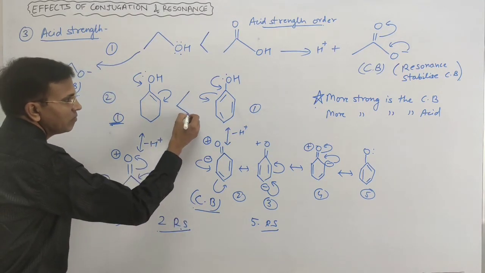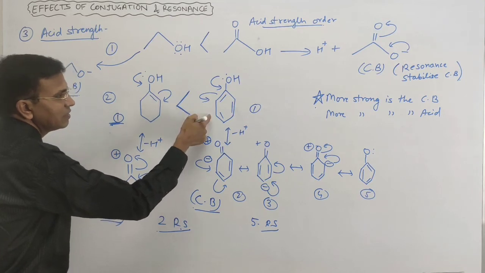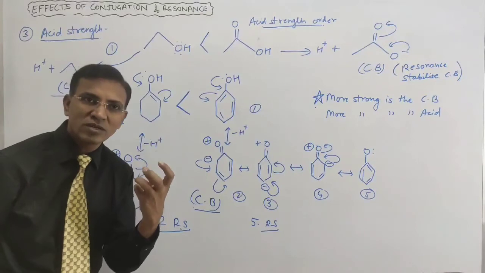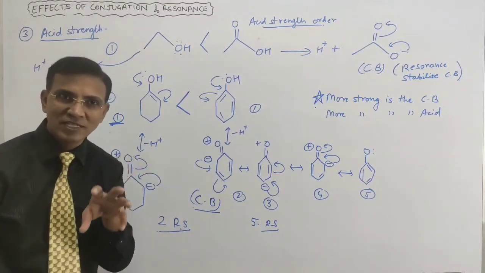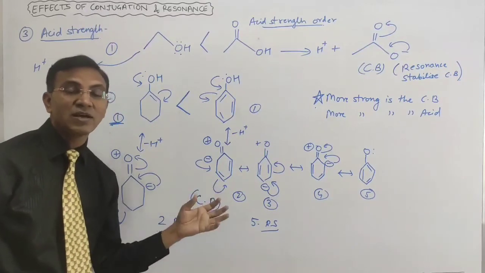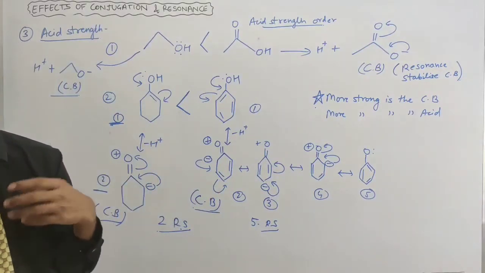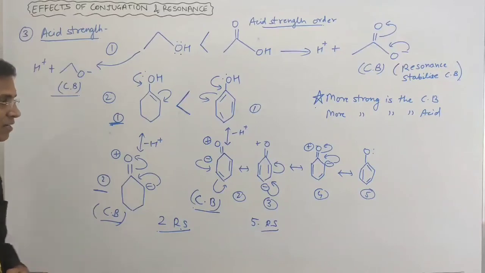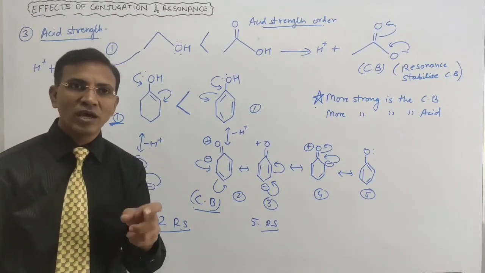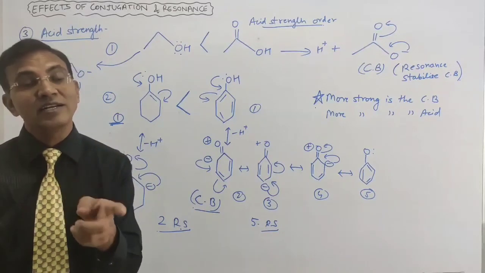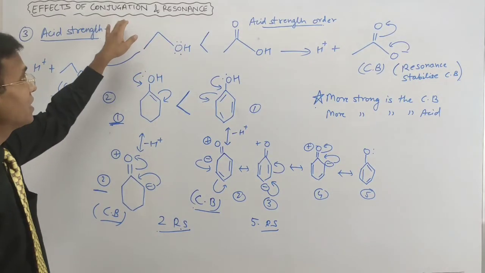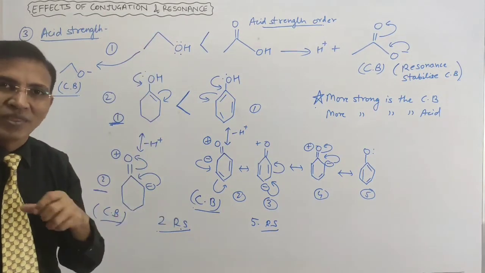So this is more acidic than this. The more resonating structures, the more stable the given species. That means a conjugate base will be more stable if it has more resonating structures, right? So this is how you may come to know about the relative acid strength between the given species having resonance and conjugation, right?